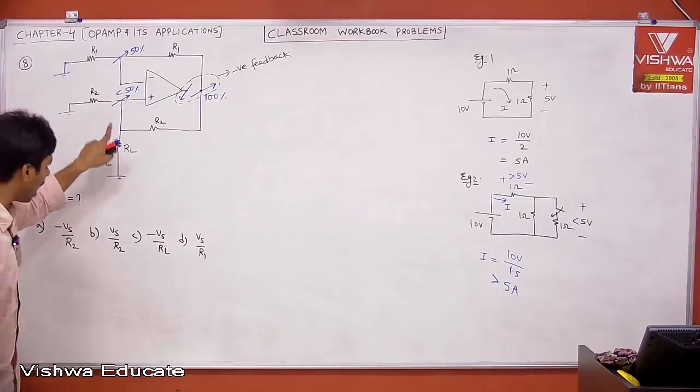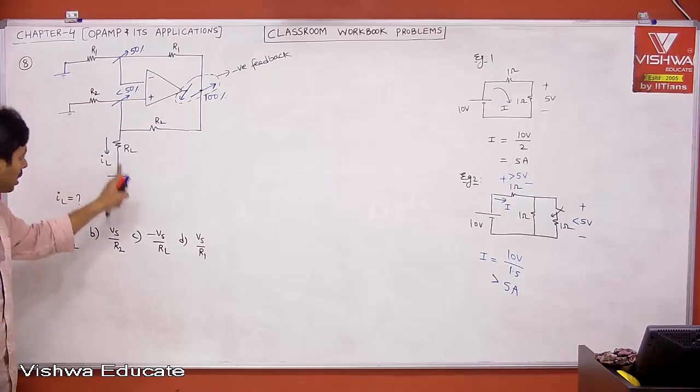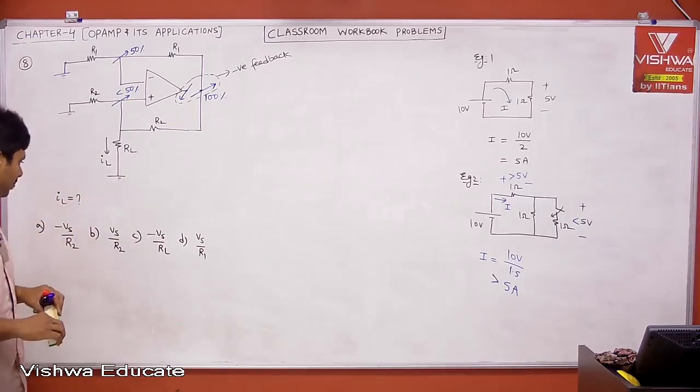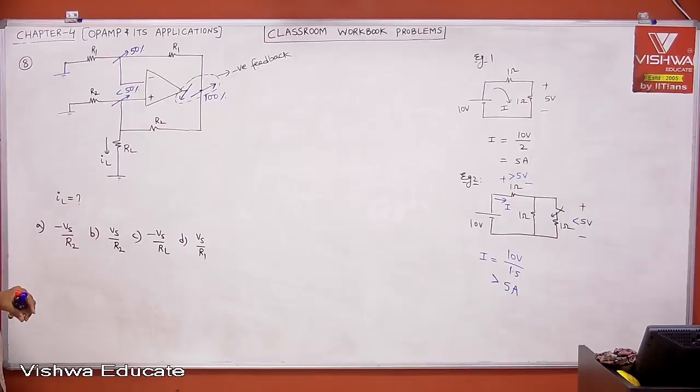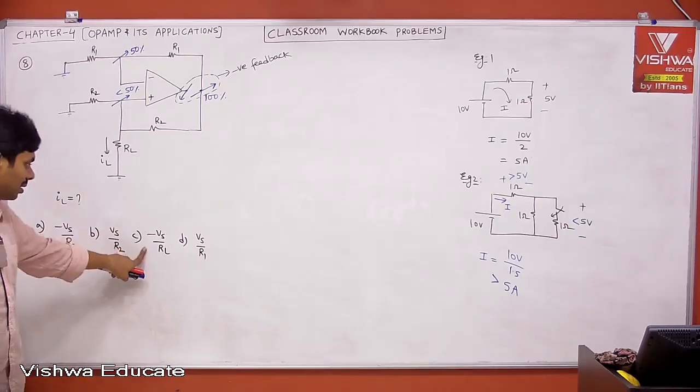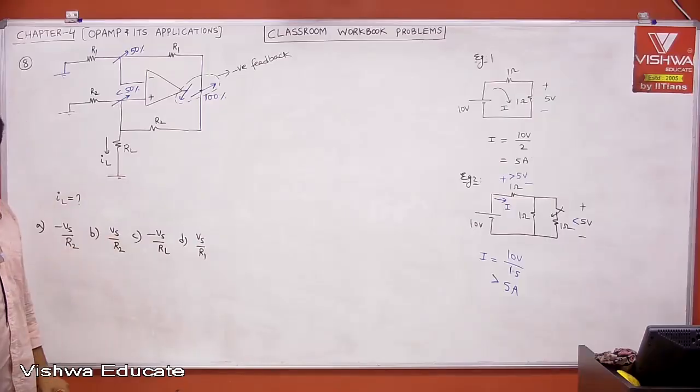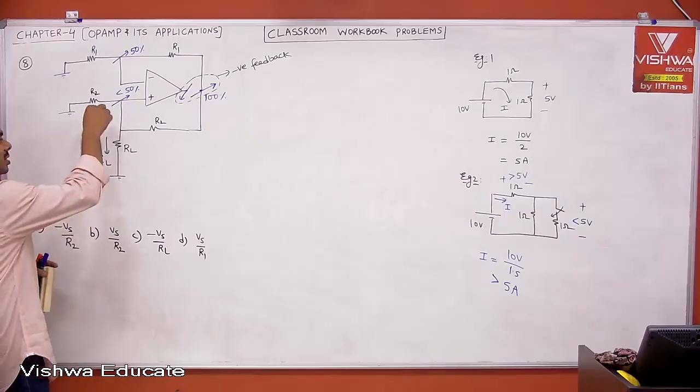The current which is flowing through RL. See, because it is flowing through RL, therefore it is depending on RL, right? Okay, if that is what your expectation, that is fine. Let's see. Okay, therefore let's see the current which is flowing through RL.